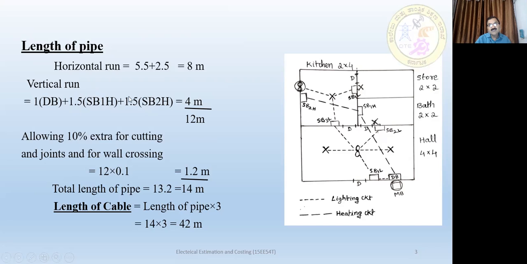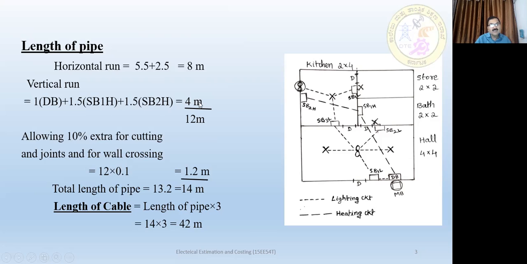And the same thing happens at SB2 in the kitchen. So it is also 1.5 meter. It runs in the ceiling and comes down to SB2. From ceiling to SB2, it is 1.5 meter. So when you add these numbers, you get 4 meter.